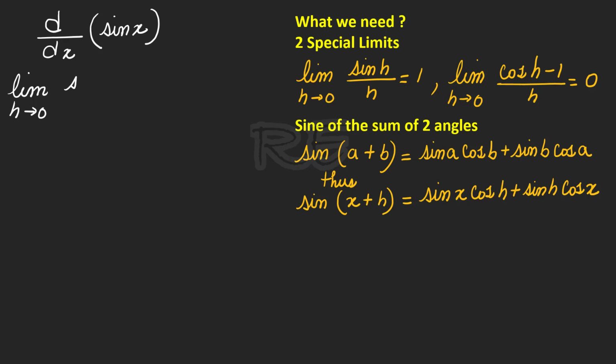Using the limit definition, the derivative of sine x is really the limit as h approaches 0 of the difference quotient, which is sine of x plus h minus sine x divided by h.